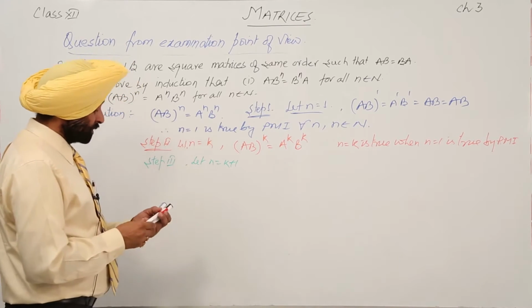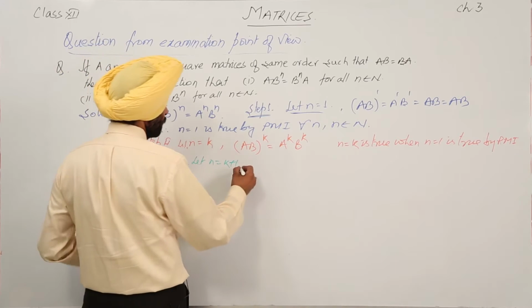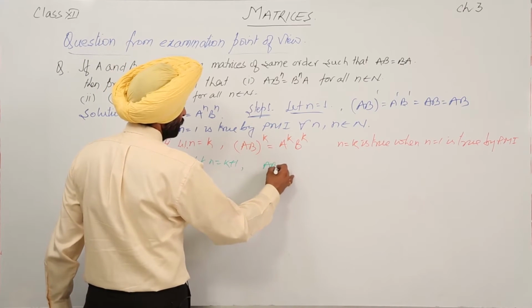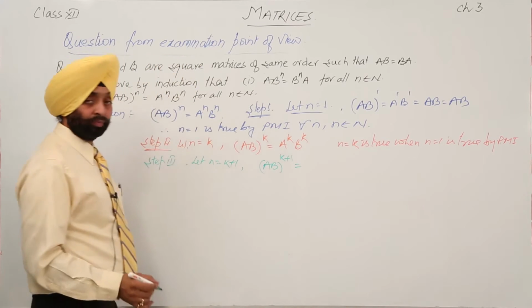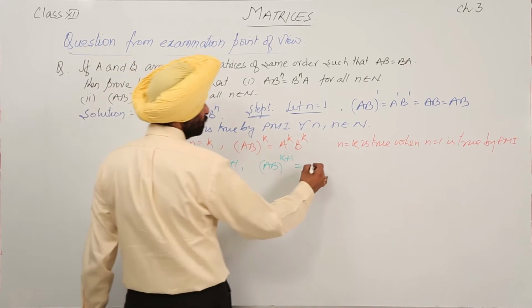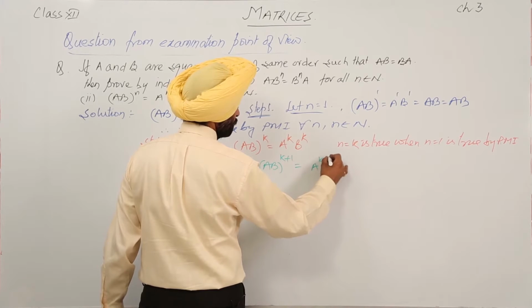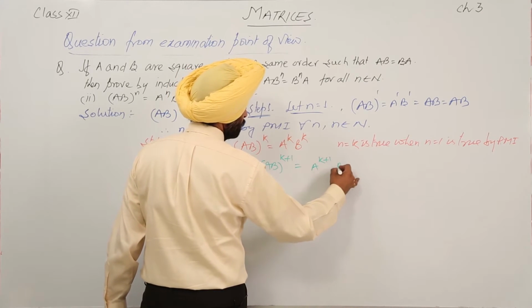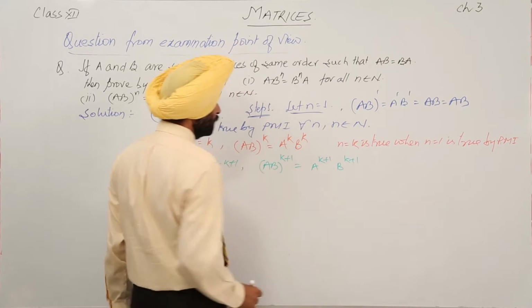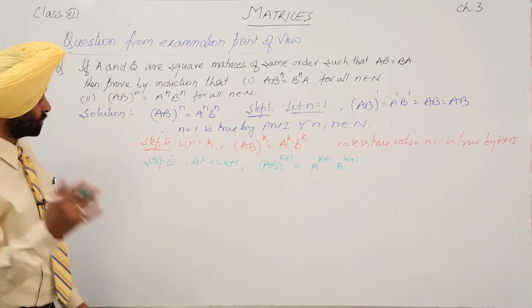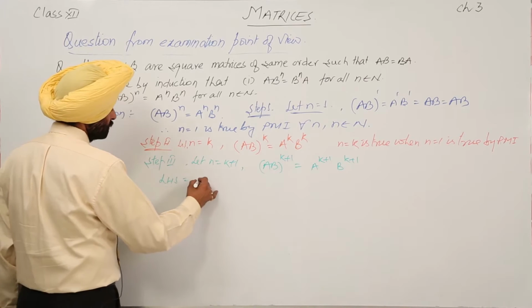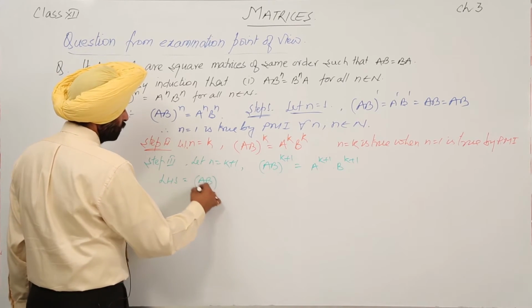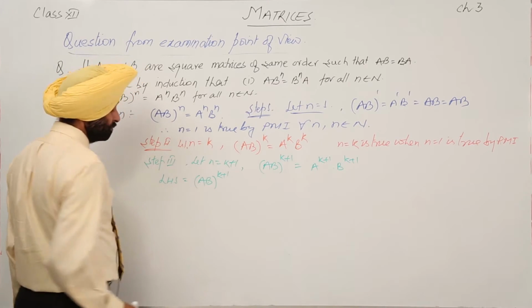Now what are we having? (AB)^(k+1) is equal to A^(k+1) B^(k+1). Now we have to prove this, left hand side is equal to right hand side. Now proving, left hand side is equal to (AB)^(k+1).